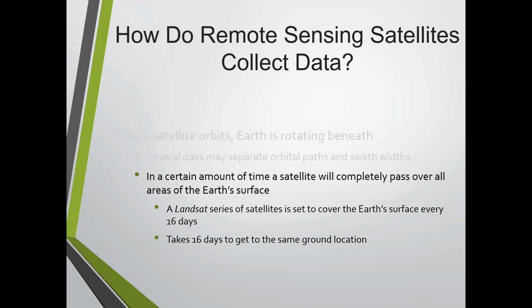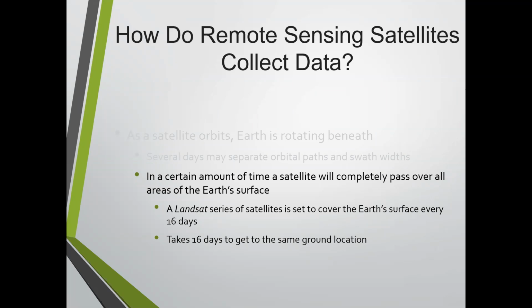So in a certain amount of time, the satellite's going to completely pass over all areas of the Earth's surface. It may take a while, but for the series of Landsat satellites, it takes approximately 16 days to cover the Earth's surface. What that's saying is you're not going to hit the same point on the Earth for 16 days.